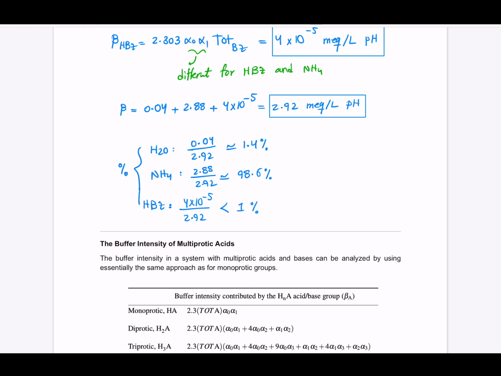So is this true if we have the same samples, regardless of the concentration, regardless of the pH? Would it be the same contribution all the time? Always 98% ammonia?